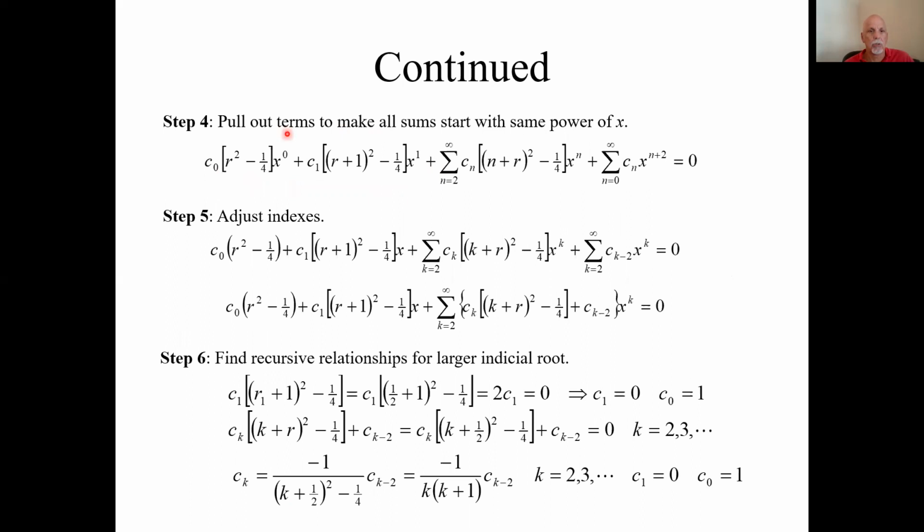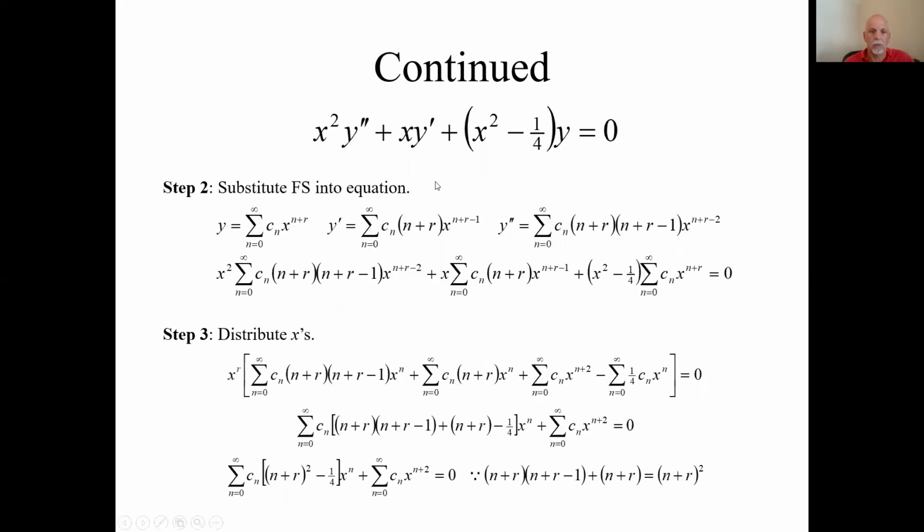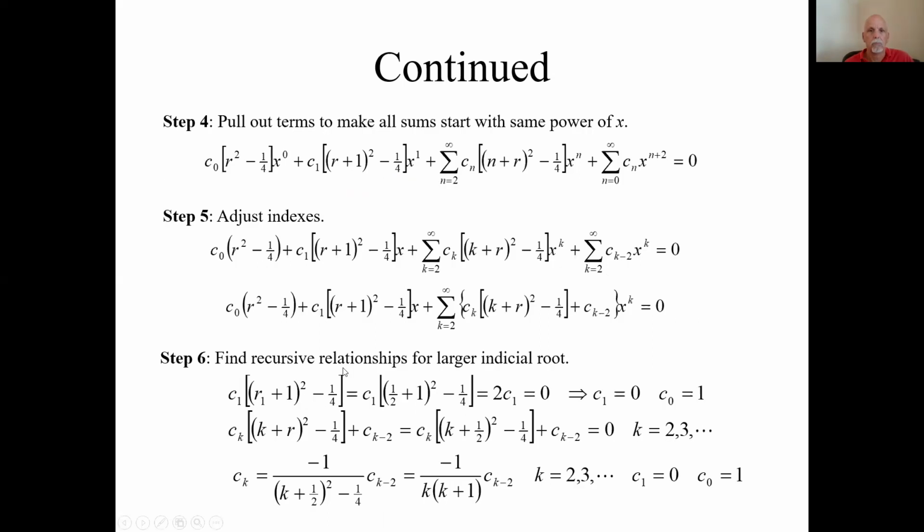And here's those 2 terms pulled out. Then, since we pulled them out, we start this sum now at n equals 2. And this is the result of all that.